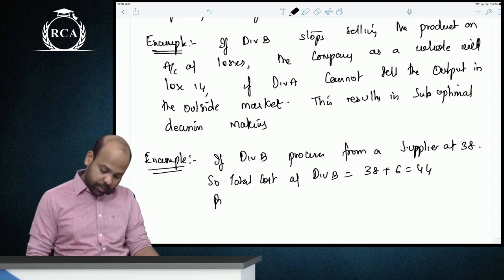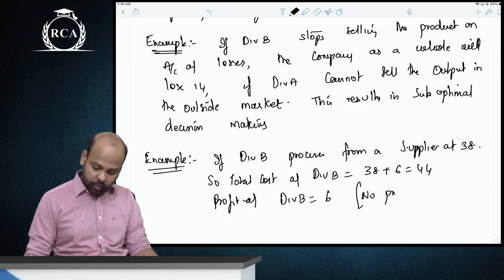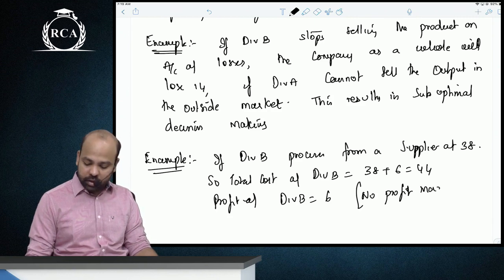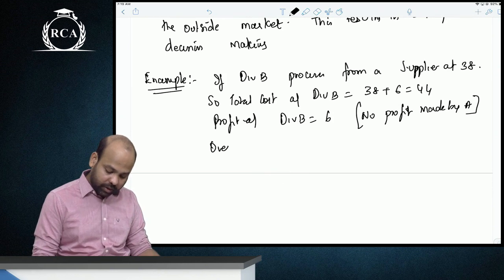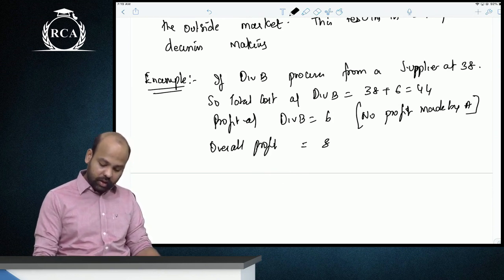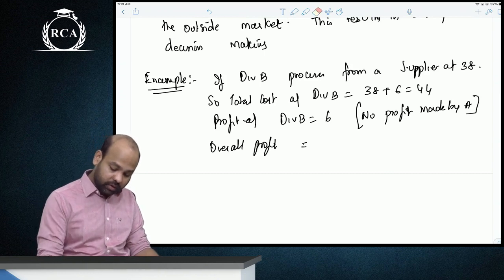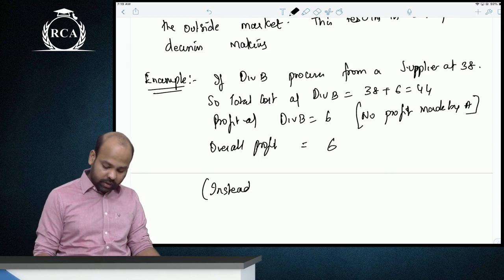Profit of division B is 6 rupees. No profit is made by A because there are no internal transfers. So the overall profit made by the company is only 6 rupees, instead of 14.